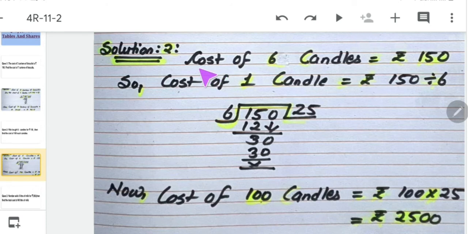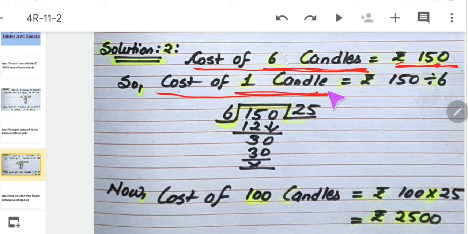So you can see here the cost of 6 candles is 150. So the cost of 1 candle will be 150 divided by 6. So you can see the division here. We all know that 6 into 2 gives us 12. When this 12 is subtracted from 15 we will get 3 as remainder. Then this 0 will come down and it will become 30. Now 6 into 5 gives 30.